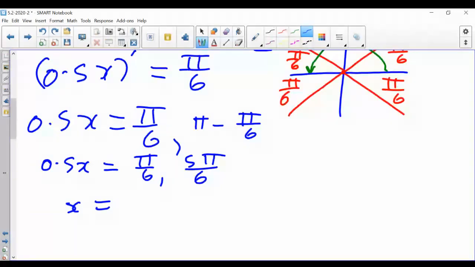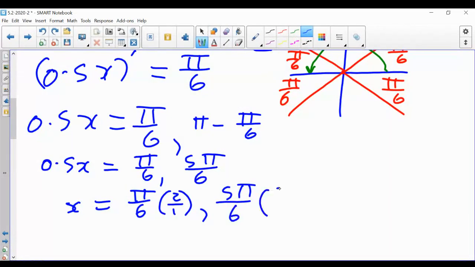Right? So remember, it's really like dividing by a half, and dividing by a half means multiplying by the reciprocal of a half, which is 2. So really what we should have is this, pi over 6 times 2 over 1, if you like. The other one should be 5 pi over 6 times 2 over 1. Okay, hopefully that makes sense.